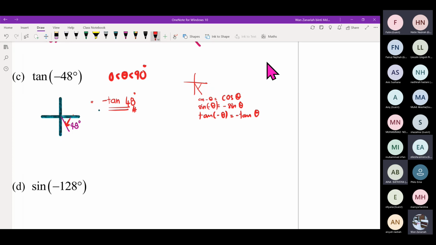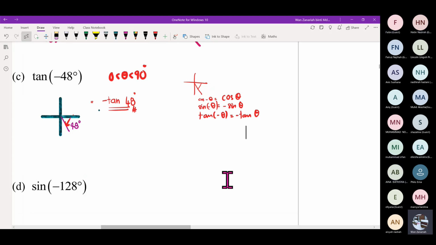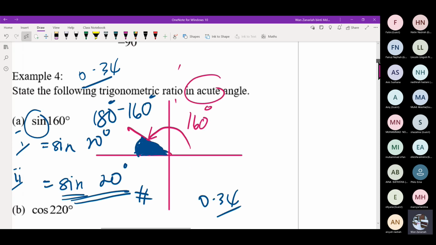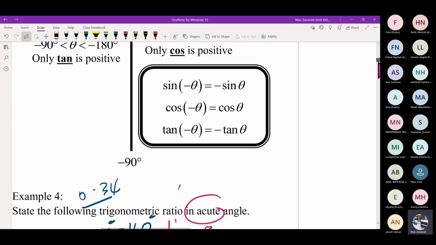Do you see it in the notes? Okay. I'm lazy to scroll down and back, but you can look if you want. You don't need to memorize. As long as you know that only cos is positive on the fourth quadrant.